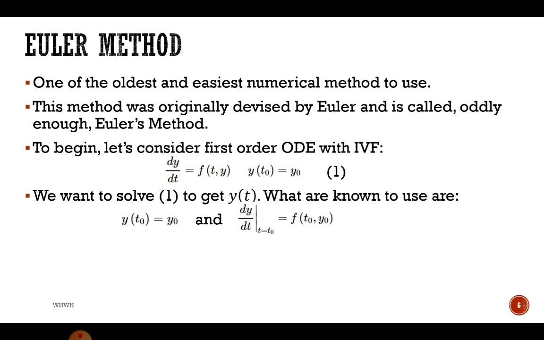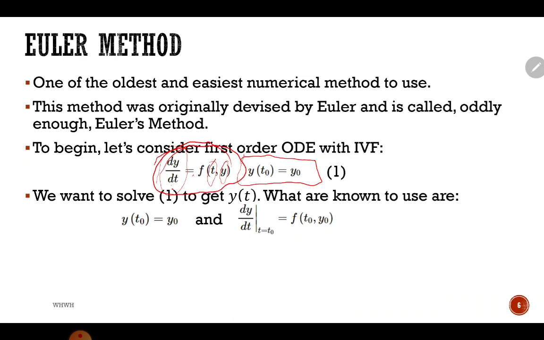Initial value problem. So from the ordinary differential equation, we let dy over dt equals f of t, y, two variables t and y, and we have the initial condition y(t naught) equals y naught.